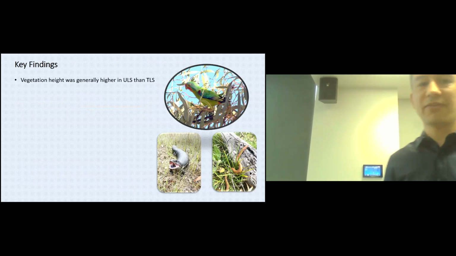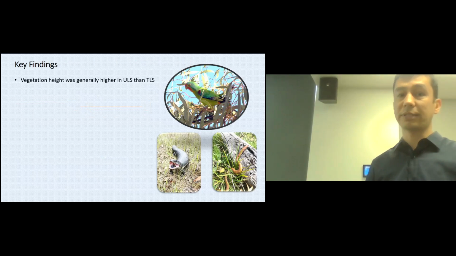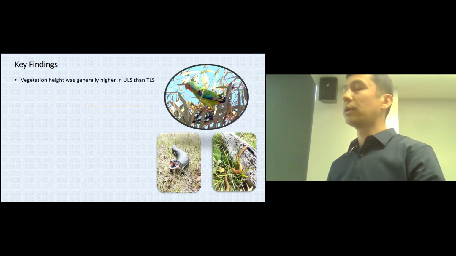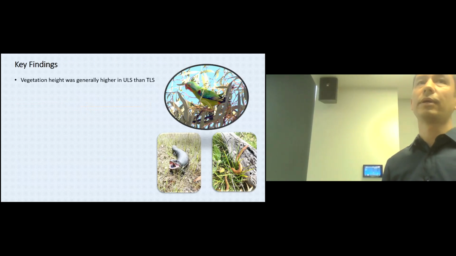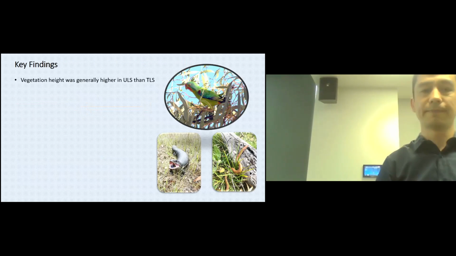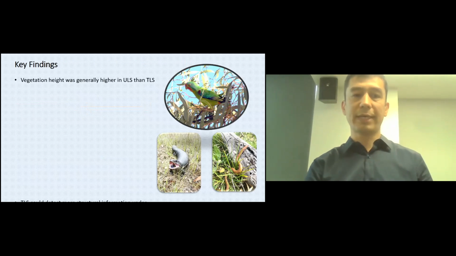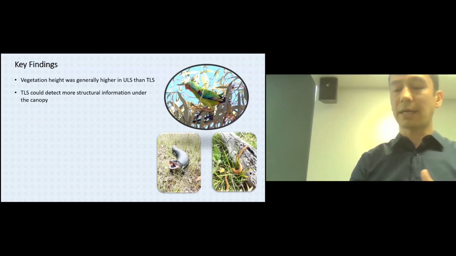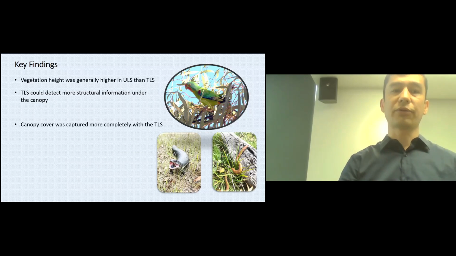Key findings: vegetation height was generally higher in ULS than TLS, because TLS is on the ground, and if there are lots of trees, it cannot see the top of the trees. Also TLS could detect more structural information under the canopy, because again, it's on the ground.